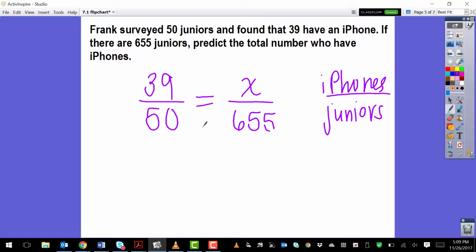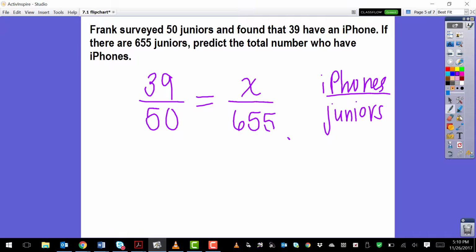If Frank is surveying a small portion of the junior class and he finds a ratio to represent the number of kids that have an iPhone from that small portion, then that ratio should be the same as he applies it to the whole entire junior class. That ratio should remain the same.